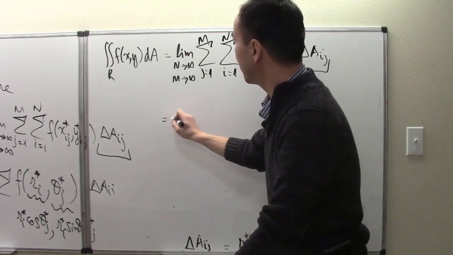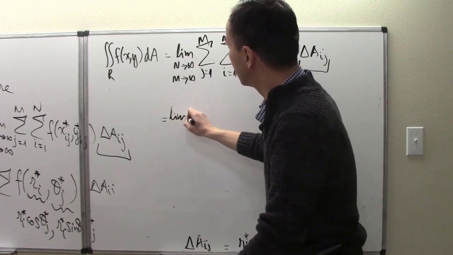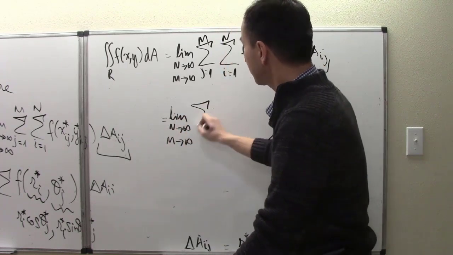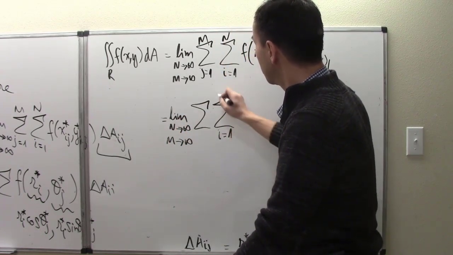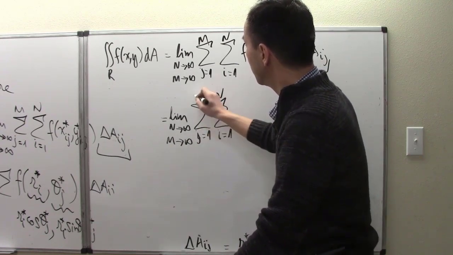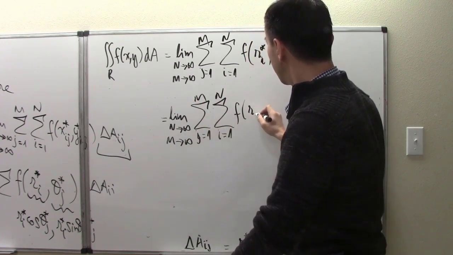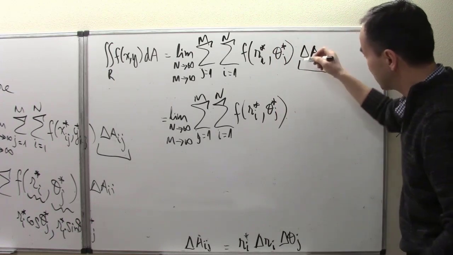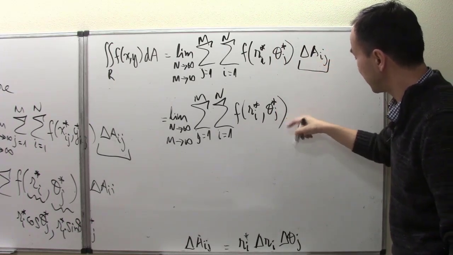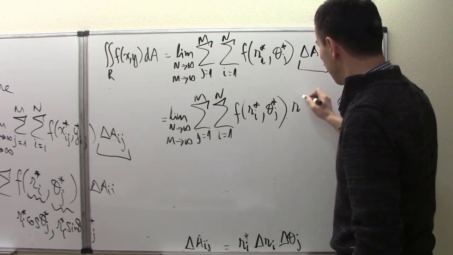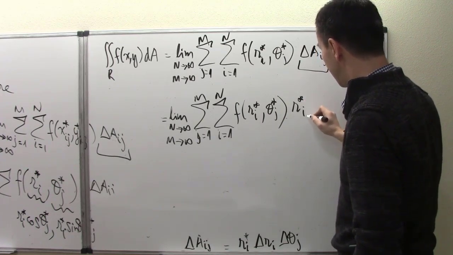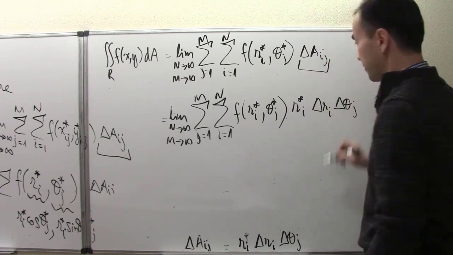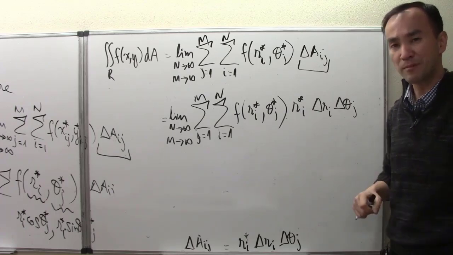So the revised version of this double Riemann sum, limits as n goes to infinity and m goes to infinity, i from 1 to n and j from 1 to m, for our function f of r_i star, theta_j star, now multiply with, so the delta A_ij right here is going to be r_i star times some delta r_i times delta theta_j. So that's the complete double Riemann sum formula for that.